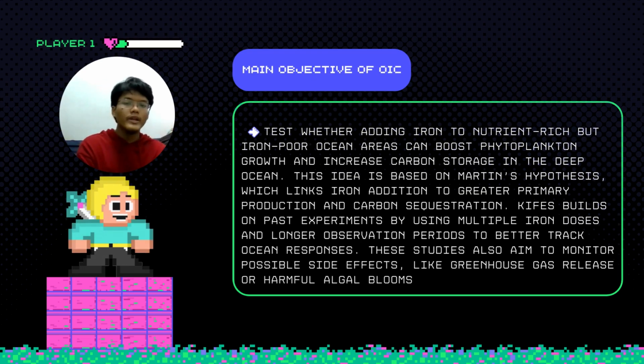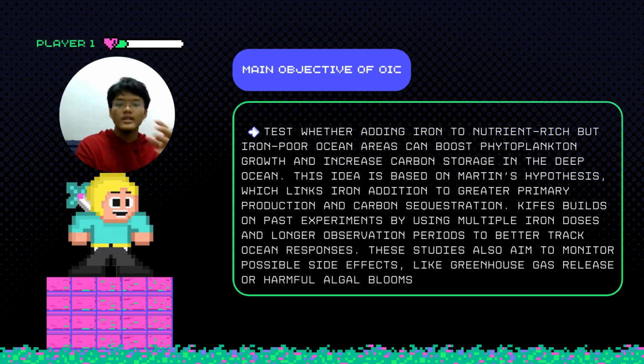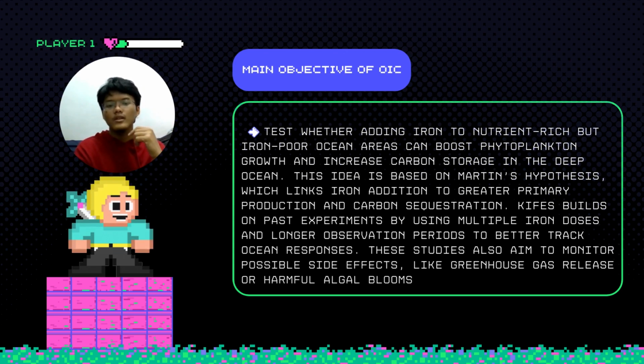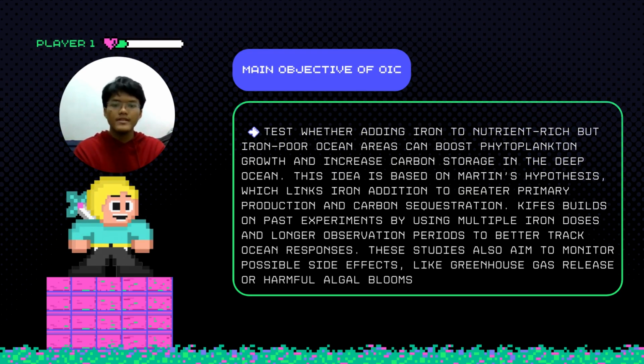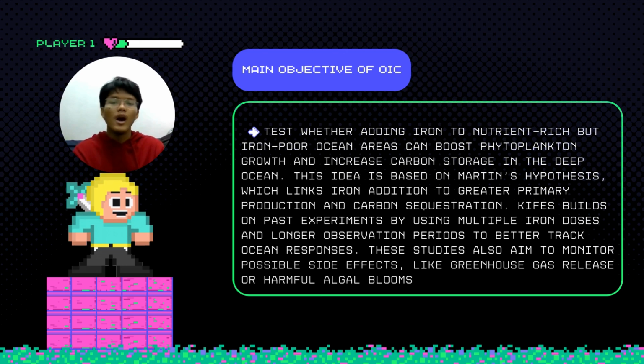KOIFE, the Korean Ocean Iron Fertilization Experiment in the Southern Ocean, builds on past experiments by using multiple iron doses and longer observation periods to better track ocean responses. These studies also aim to monitor possible side effects like greenhouse gas release or harmful algal blooms.